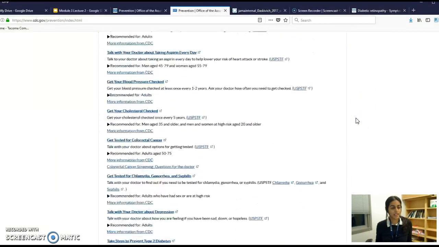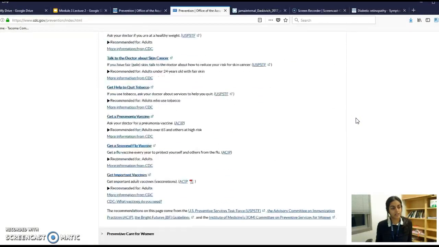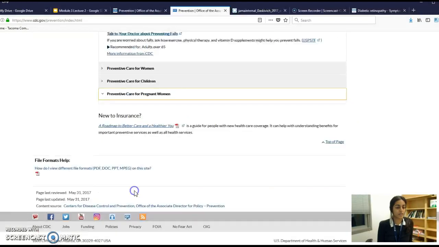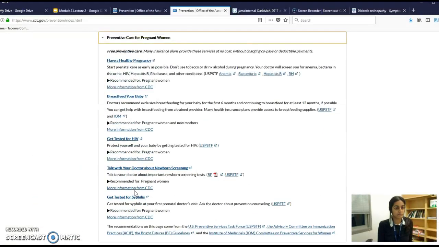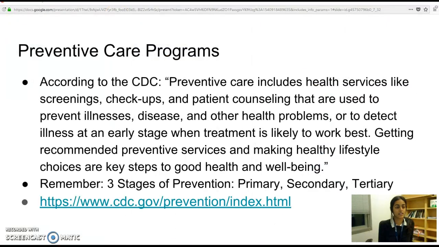So they have many preventive care programs for adults, and they have it for women, for children, for women who are expecting, about having a healthy pregnancy, breastfeeding, getting tested for HIV, all kinds of things. So I recommend looking through it on your own time when you have a moment.